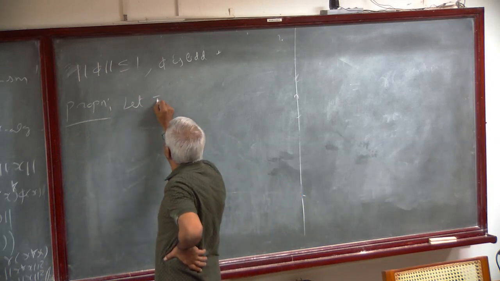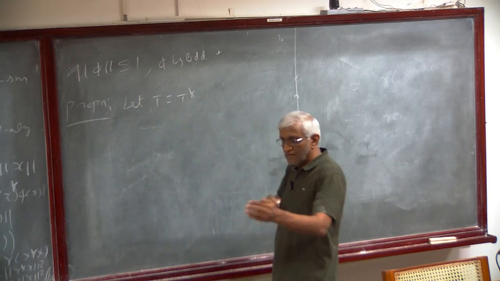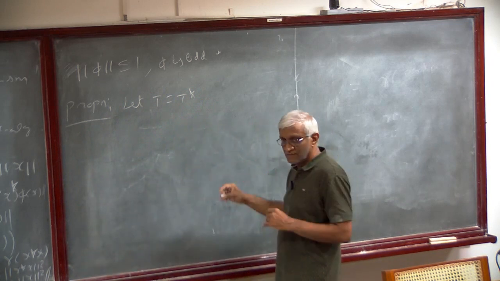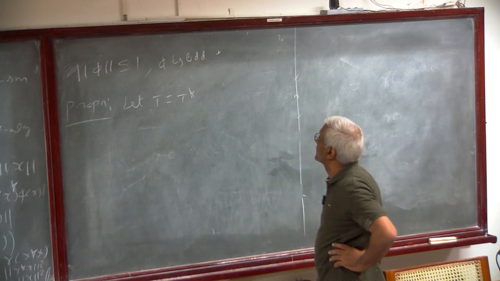Suppose T is in B of H and T is self-adjoint. We'll shift between C-star algebras and operators, but mostly we'll discuss with operators. T is a self-adjoint operator.